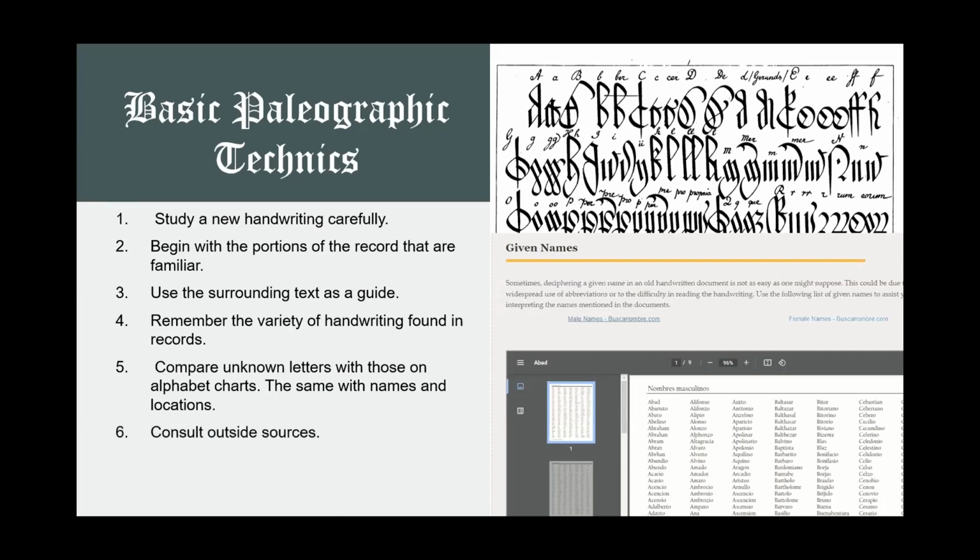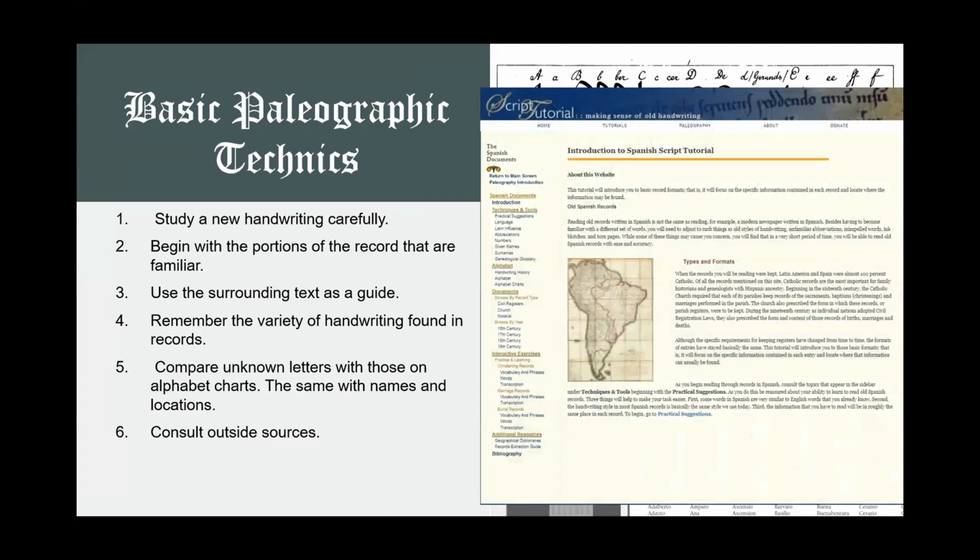Along with that, it's important to consult outside sources. If you want to learn more about Spanish paleography or you want resources for that, one of the best places to go first is the BYU Script site, script.byu.edu. It is the website that the Family History Center of BYU provides, and it helps new paleographers or people who want to learn how to read old handwriting, how to read Spanish, Portuguese or English documents.